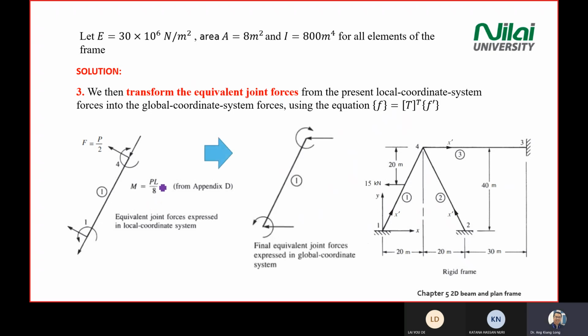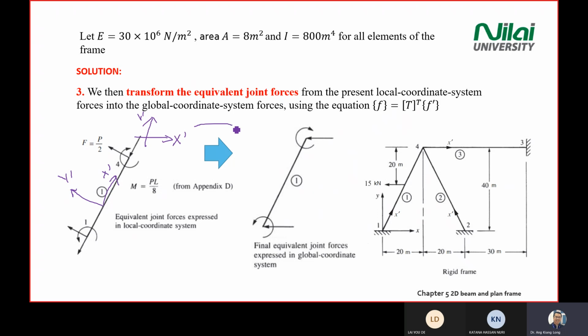So we will transform what we have from Appendix D into the global dimension. It means we change all these forces into the global dimension. On the left hand side is all the forces in the X and Y dimension. If I draw on the element itself, all the forces and moment on the element itself are on the X prime and Y prime axes.